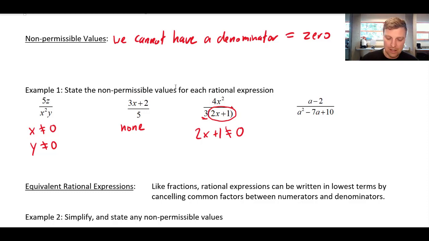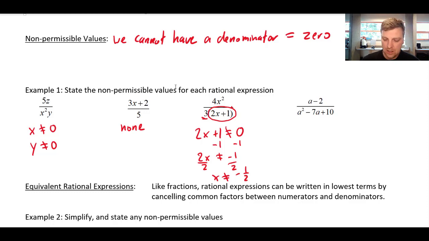We can still do our same algebra rules. I could subtract 1 from each side and get 2x cannot equal -1, and then divide by 2, and I get x cannot equal -1/2. And so if I substitute -1/2 back in there, I would get 2 times -1/2 is -1, plus 1 is 0, and the whole thing just falls apart all over again.